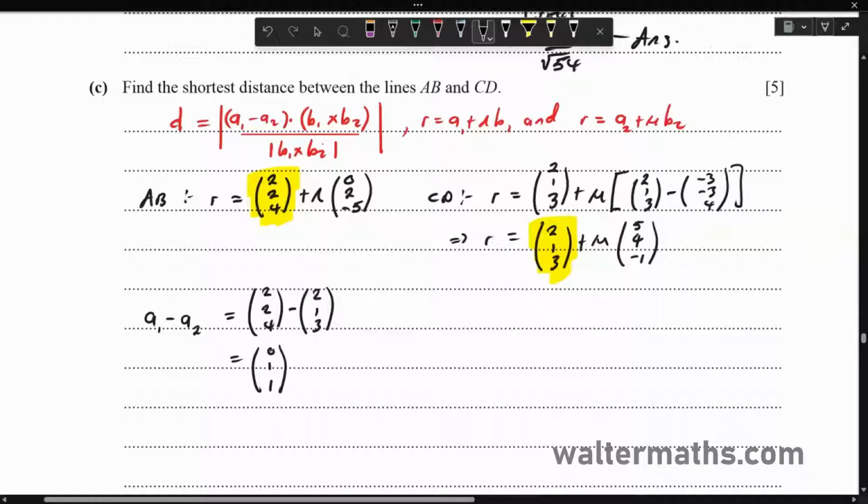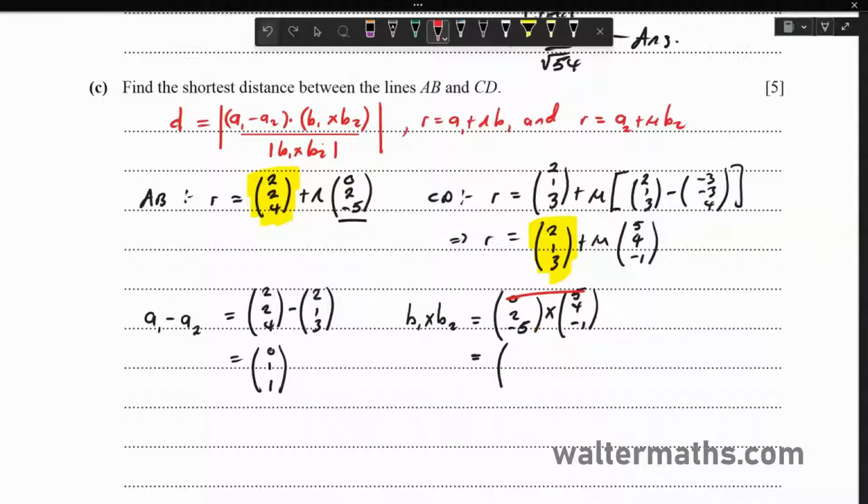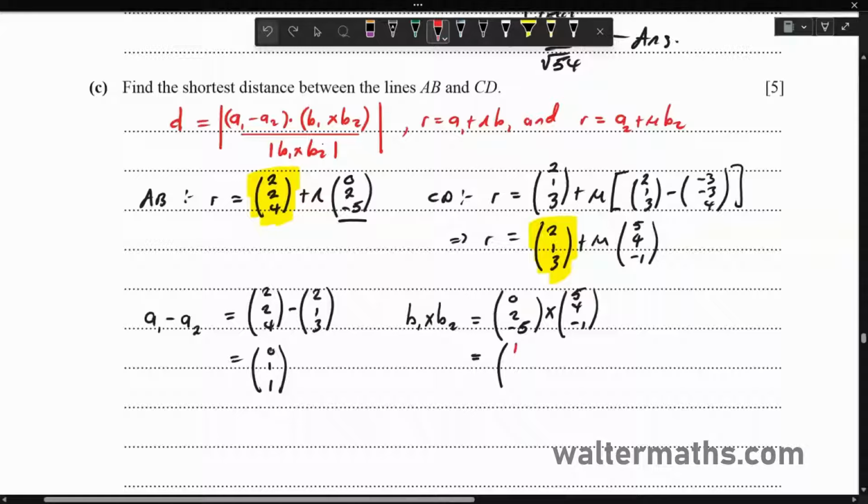And then we are also going to have b1 cross b2. We will say the directions, (0, 2, -5) cross multiplying (5, 4, -1). Alright, so if we close out, we'll have -2 minus 20. So that essentially gives us 18 here.